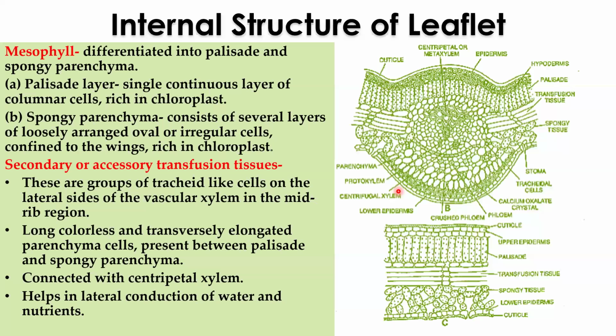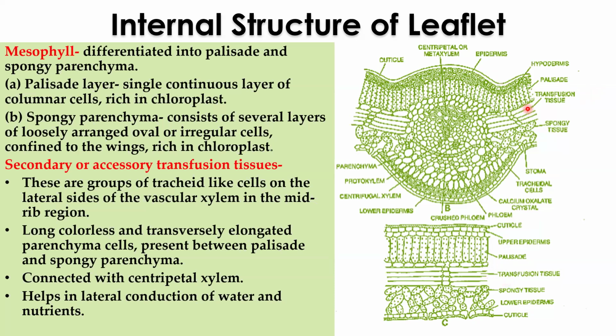Next to the hypodermis, it is followed by a mesophyll tissue which is differentiated into palisade, which has columnar, regularly arranged, tightly packed cells, which are then followed by spongy parenchyma, which are loosely arranged oval-shaped cells.